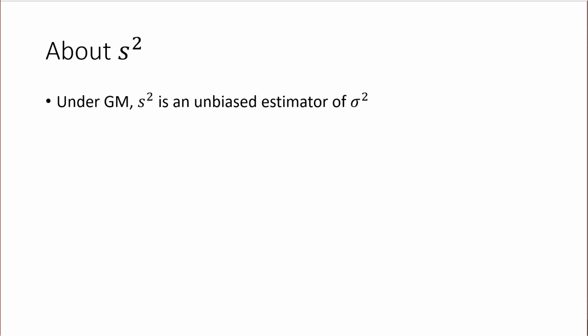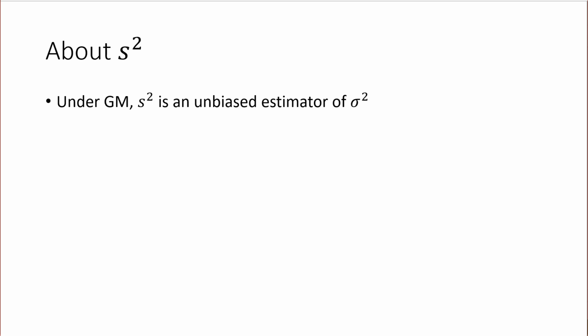So this is what you can say about S square. If the Gauss-Markov assumptions are satisfied, that is, if the explanatory variable is exogenous and we have homoscedastic errors, then this S square will actually be an unbiased estimator of sigma square. Without Gauss-Markov, this will not be true.